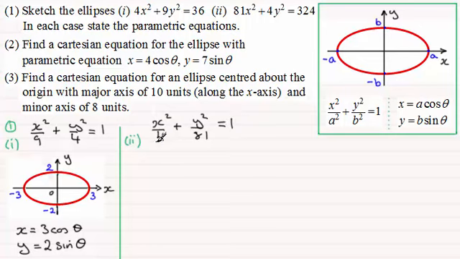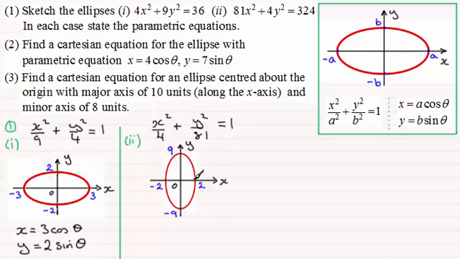So a squared is 4, a would be 2, b squared is 81, so b is going to be equal to 9. The difference here though is that when we sketch this, it's going to be more elongated in this direction. So our major axis here, the longer of these two axes, would be going from minus 9 to 9. This would be the minor axis in this example.